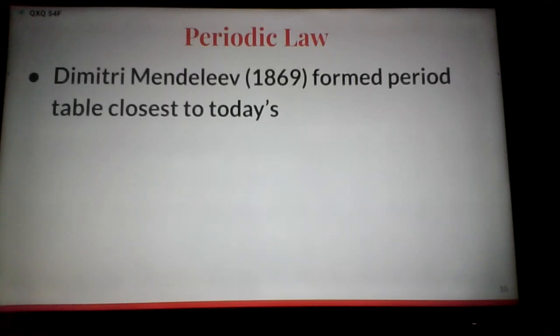Periodic law refers to that periodicity that we saw on the last page. A scientist named Dmitri Mendeleev, who has an element named after him, mendelevium, around 1869 formed the periodic table that is closest to what we see today. So he started all this that we see.